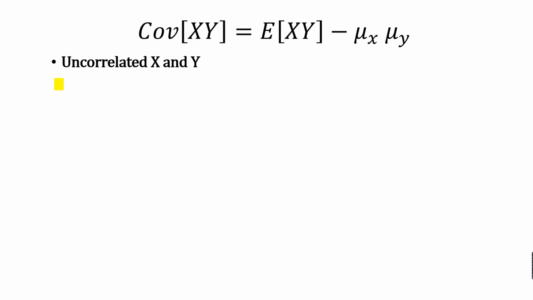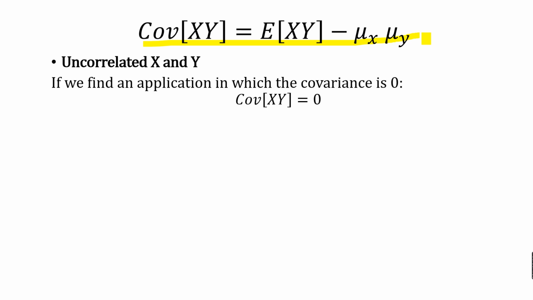Keeping this point in mind, let us define what we mean by uncorrelated x and y and what we mean by independence. Uncorrelated x and y is defined by the covariance being 0. In the equation, if covariance equals 0, then the product of the means of x and y equals the correlation of x and y.